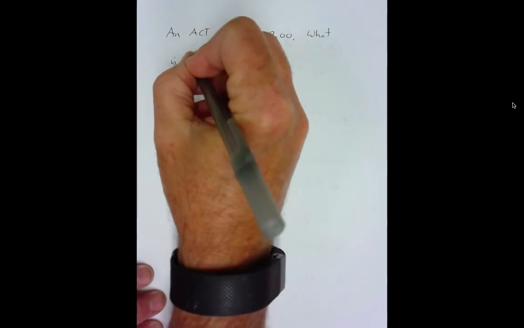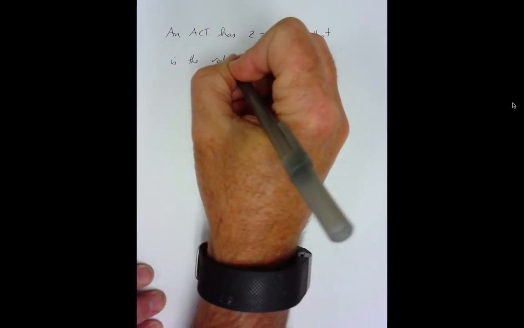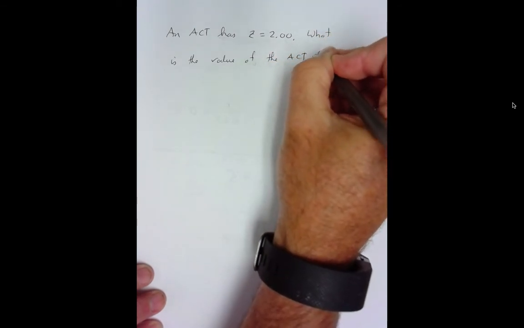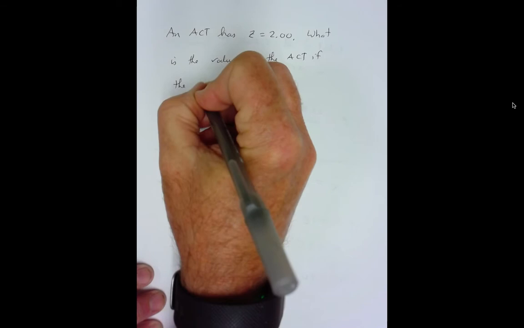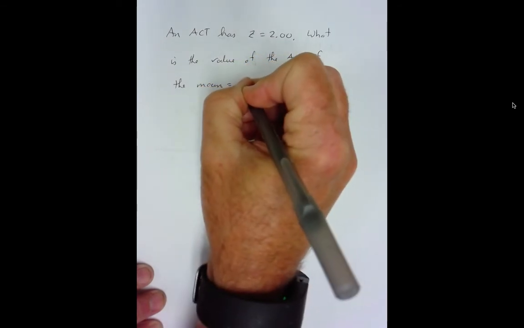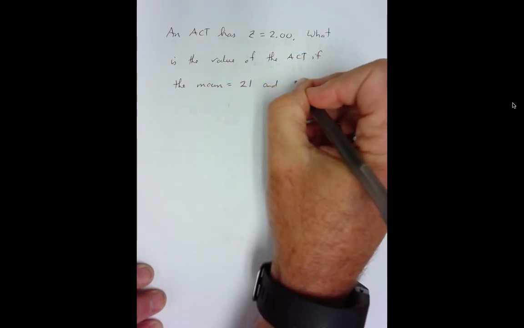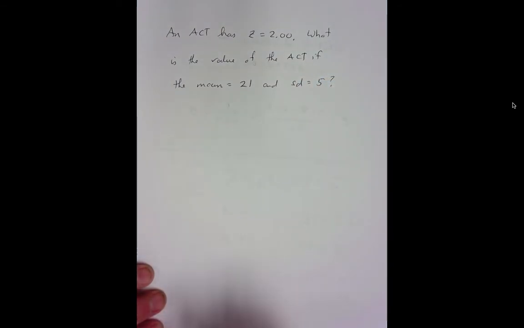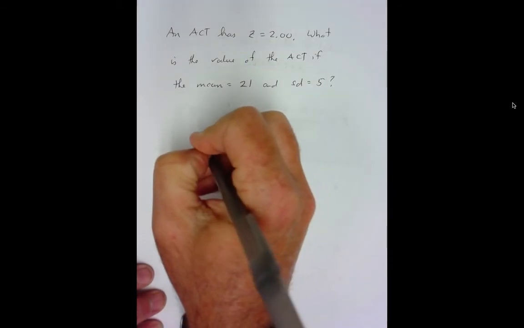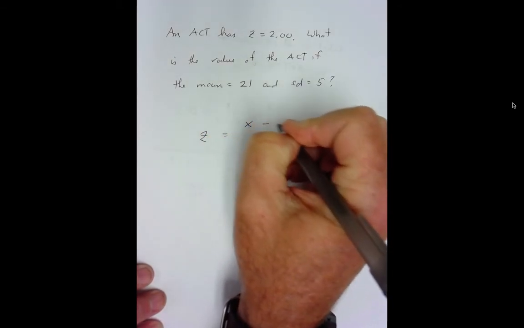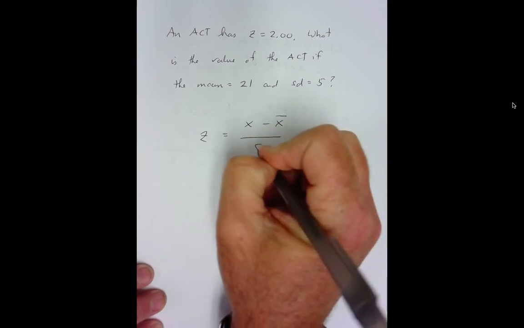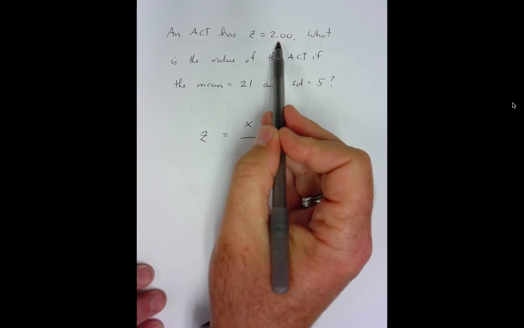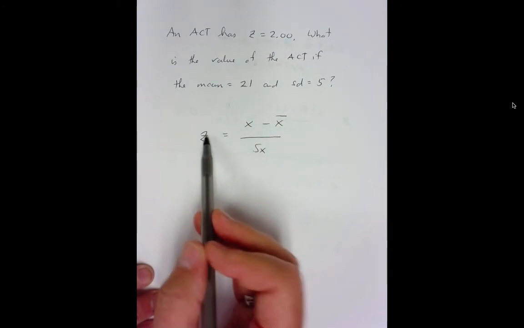What is the value of the ACT if the mean equals 21 and the standard deviation equals 5? So guys, again, the formula is what? The z-score is the score minus the mean over the standard deviation. So we know the value of the z-score here is 2.